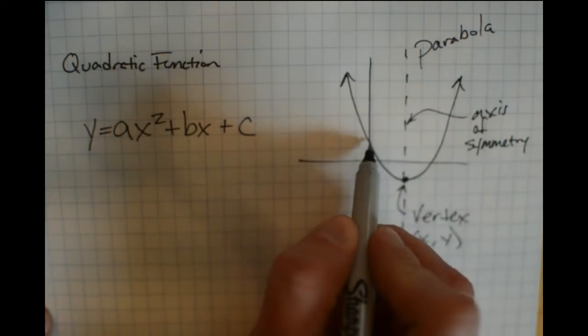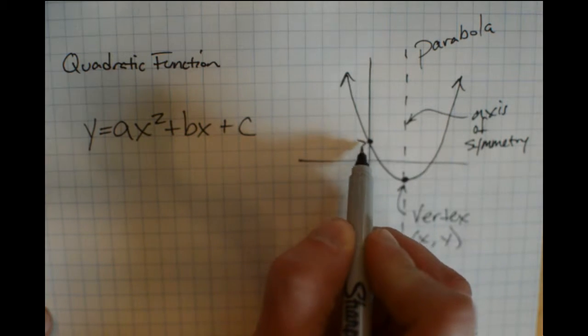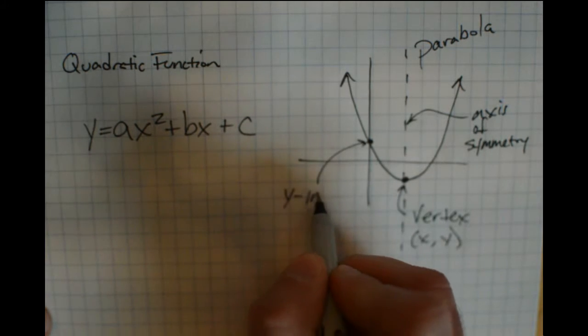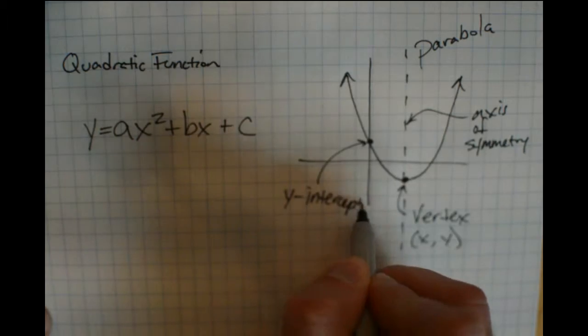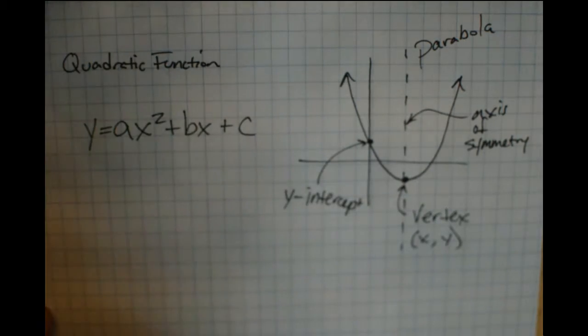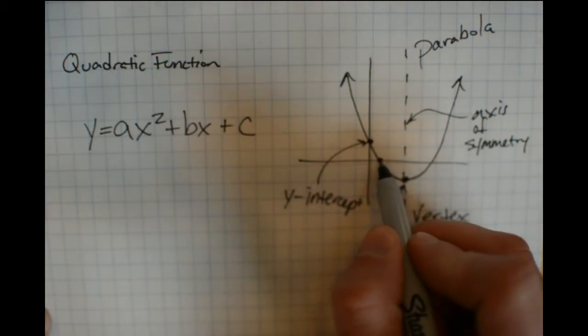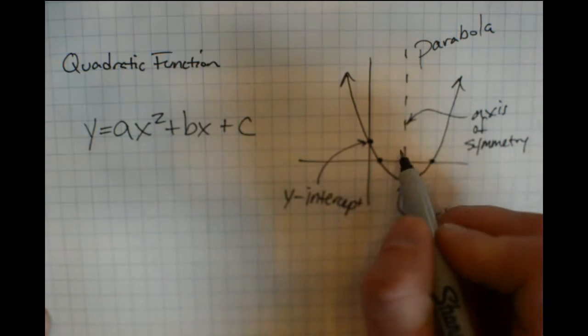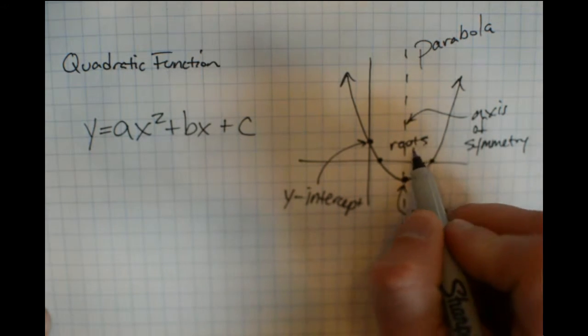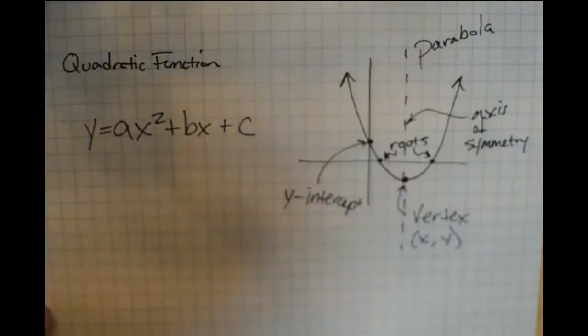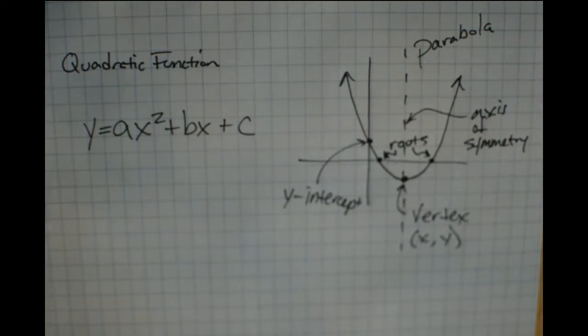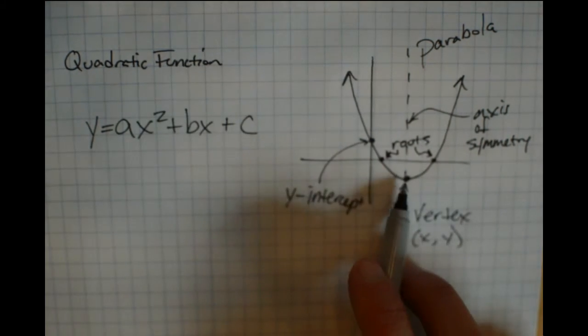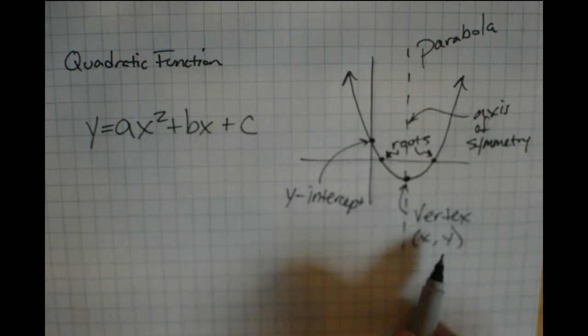A parabola will always intersect the y-axis somewhere, and that is called the y-intercept. Sometimes a parabola will intersect the x-axis as well, and those two points are called roots or zeros. So those are really the main parts of a parabola that you need to know. The vertex is the low or high point, and its form is an (x, y) ordered pair.